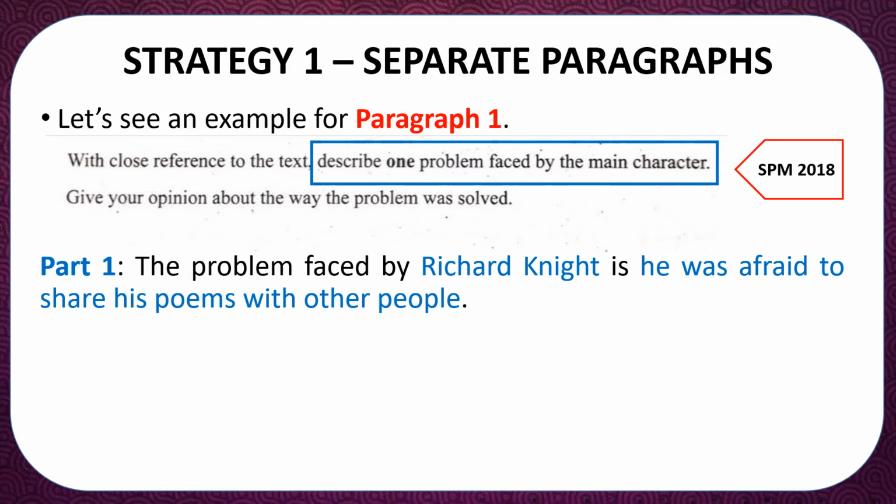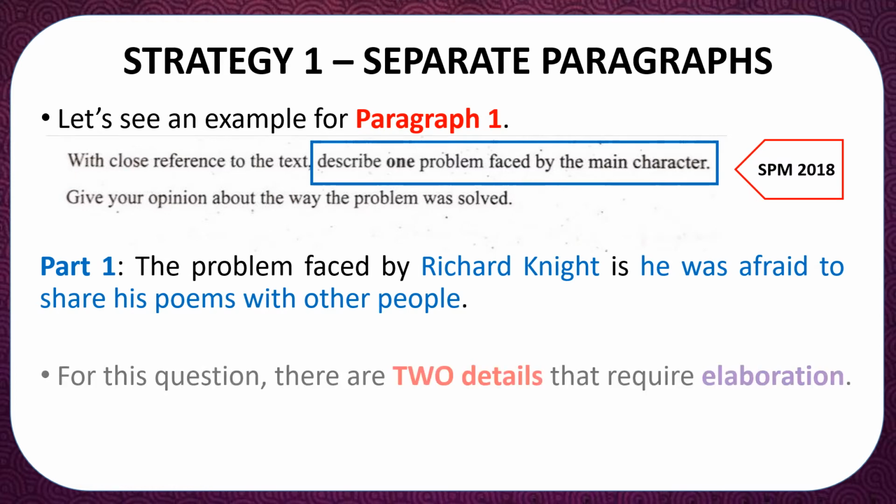Don't you think that this sentence is familiar? Well, this is the sentence that you used in part 3. So basically you just use it again, right? The problem faced by Richard Knight is he was afraid to share his poems with other people.